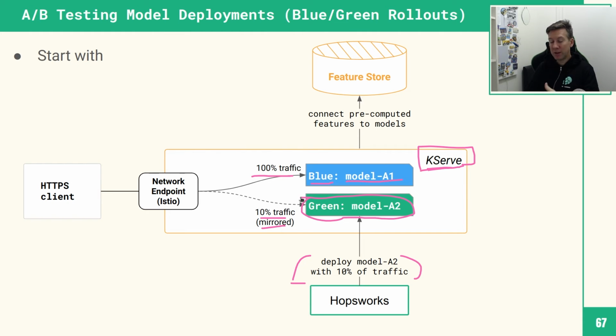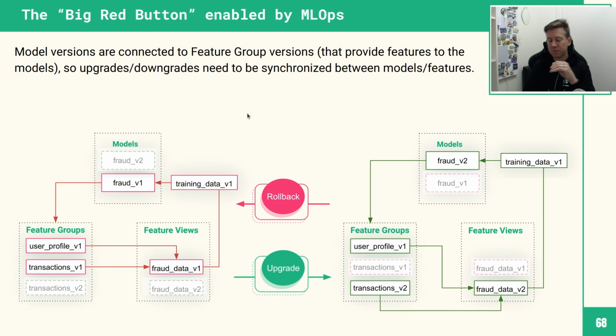And then you can inspect those. So you can basically see how the model's performing, make sure there are no obvious errors. And if everything's going great, you can then increase this 10%. And finally, you can just replace the model with the new one when you're happy that it can handle both the performance requirements, but also that it's correct.